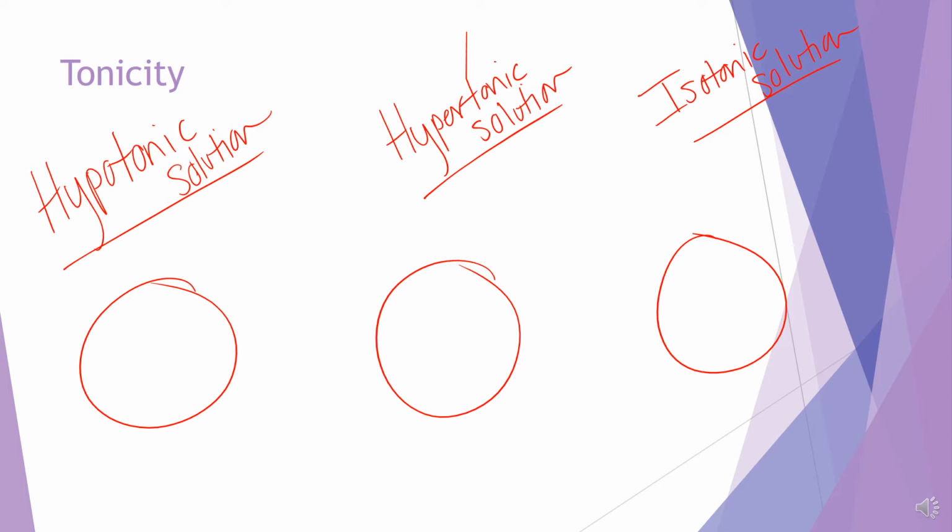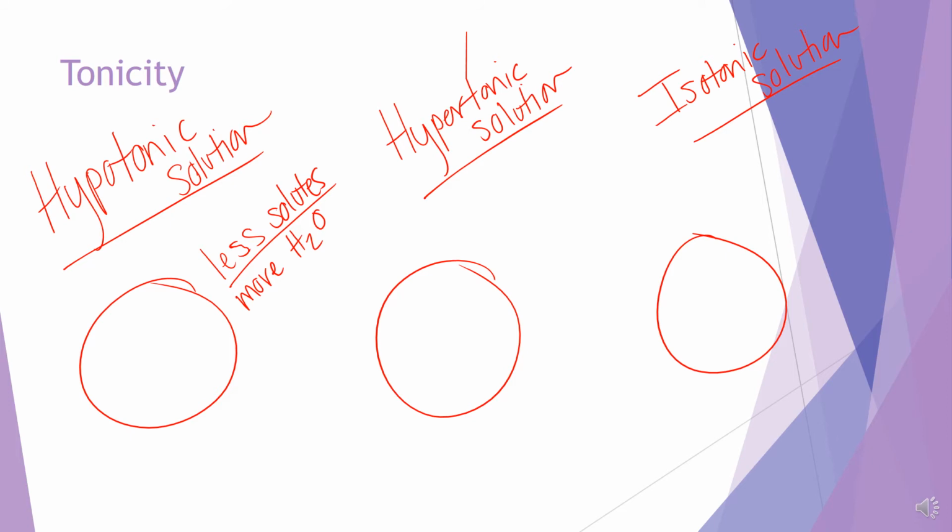I like to think of salt, for example. When I think solutes, I think like salt in the water. So here in a hypotonic solution, that means that there is less solute outside the cell in the solution. And if we have less solutes, we have more water.